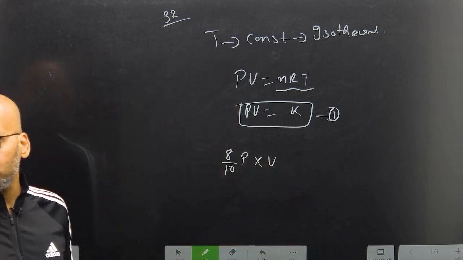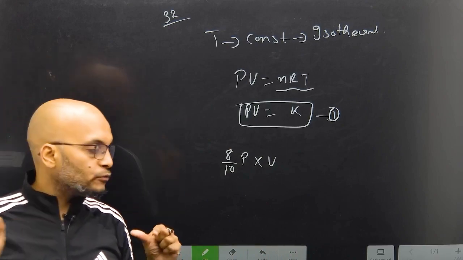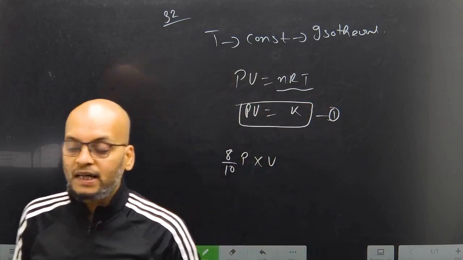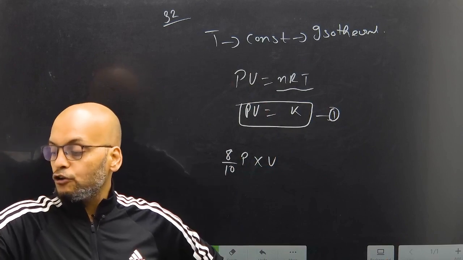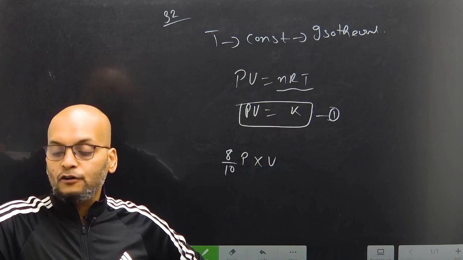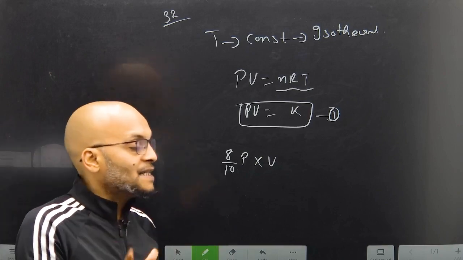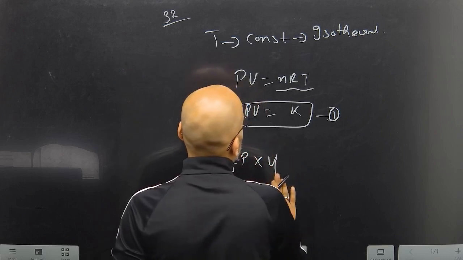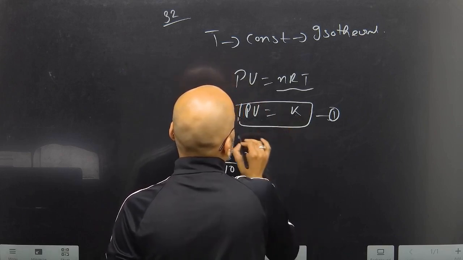Yes or no? So guys, now you are multiplying two things and they are equal to a constant. If you are decreasing one thing, then obviously another thing will increase, right or wrong? If you have to do the product of them and make it equivalent to the same constant, then in order to make it equivalent to the constant K, you have to increase the volume.